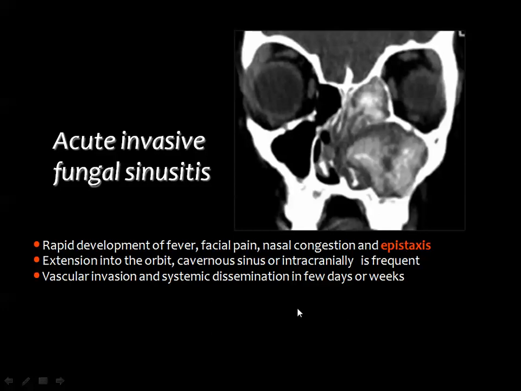Patients may present with fever, facial pain, nasal congestion, and sometimes epistaxis. The lesion has the ability to extend into the orbit, may extend intracranially, and may also reach the cavernous sinus.